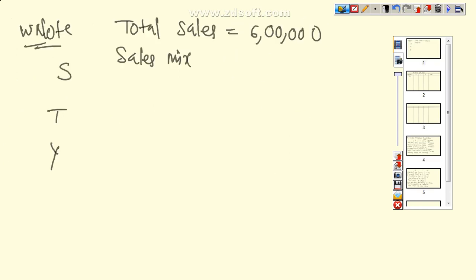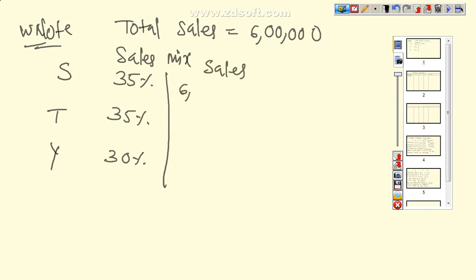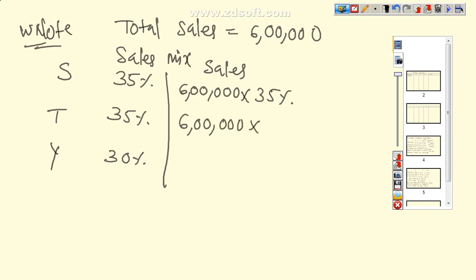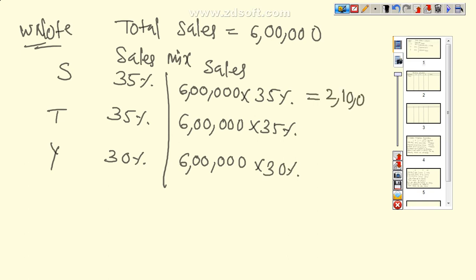So 6 lakh multiplied by 35%, 6 lakh multiplied by 35%, 6 lakh multiplied by 30%, that is equal to 2,10,000.